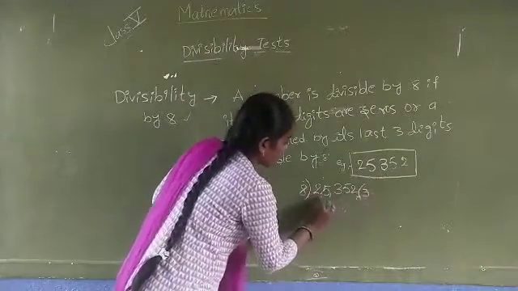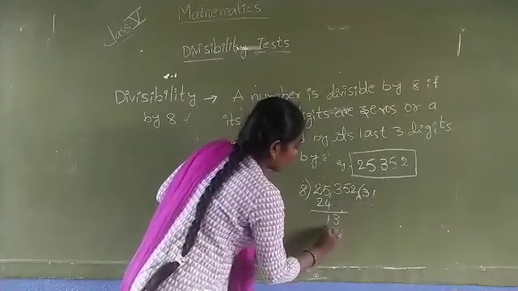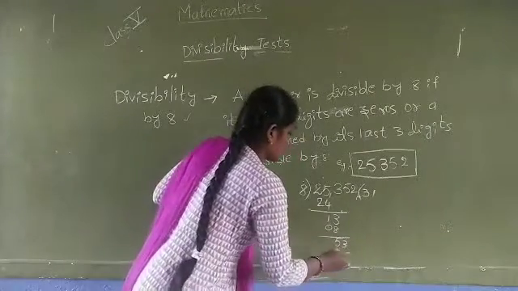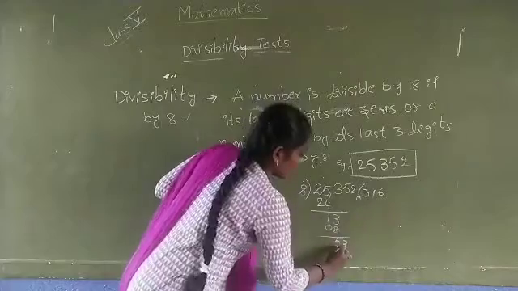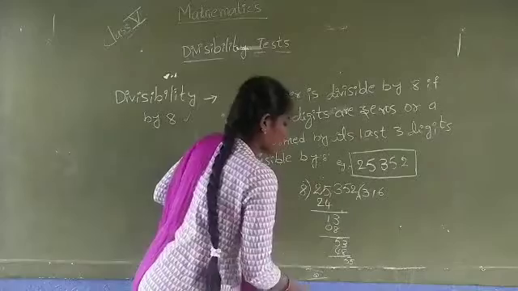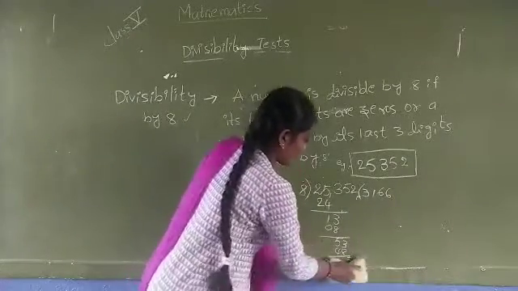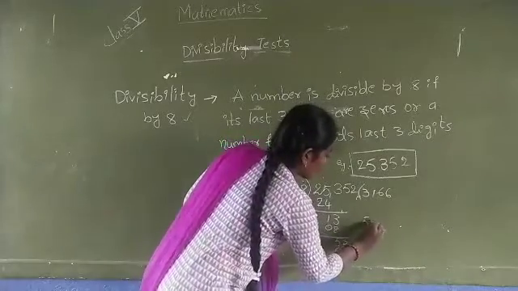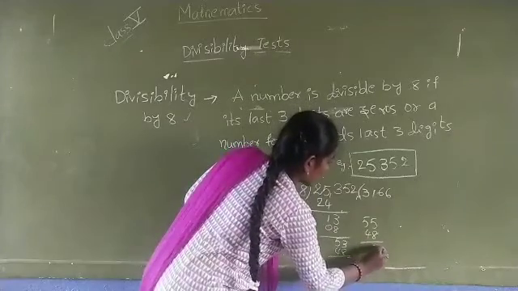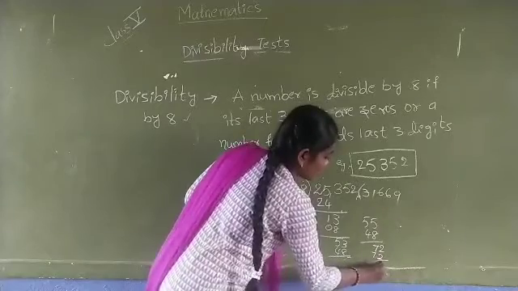Actual division process, that is, 8 threes are 24, 8 ones are 8, 53, 55, 8 nines are 72.